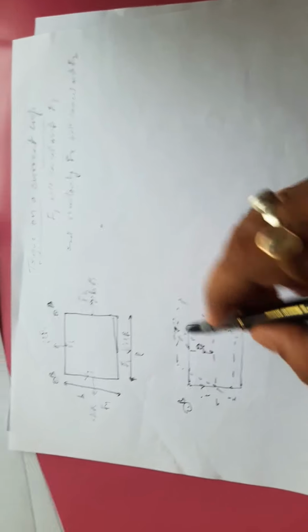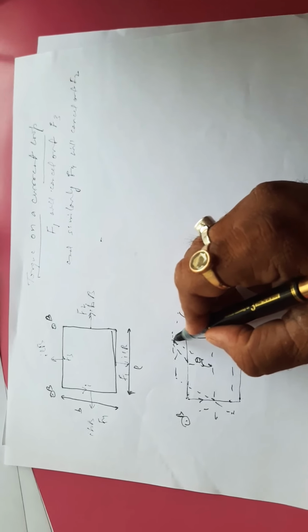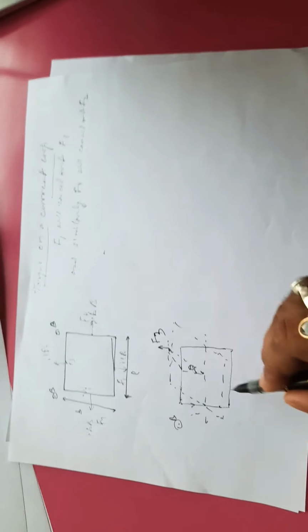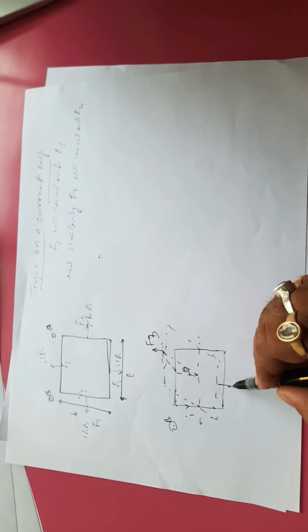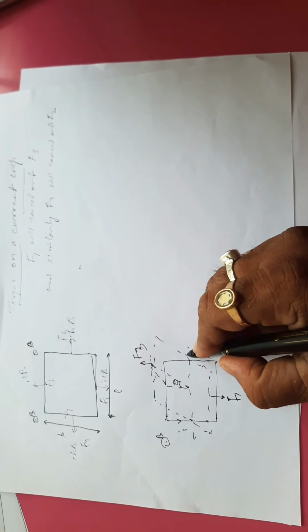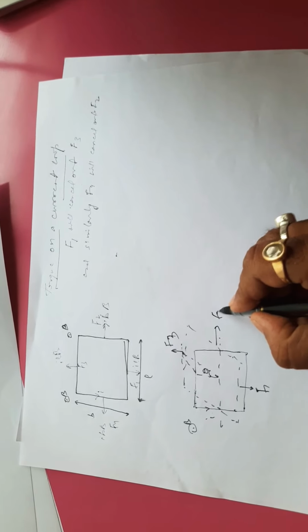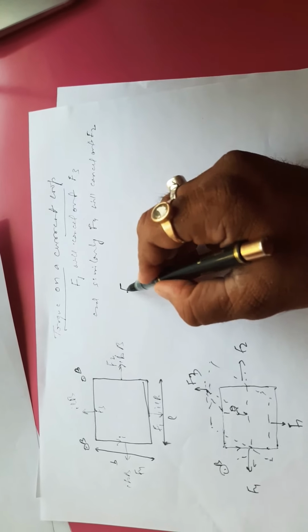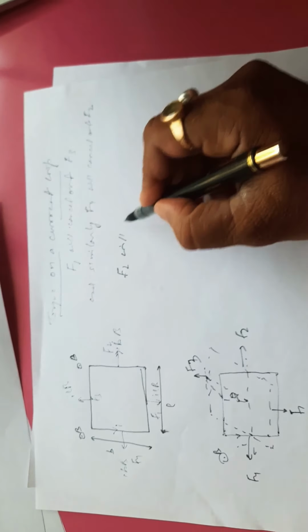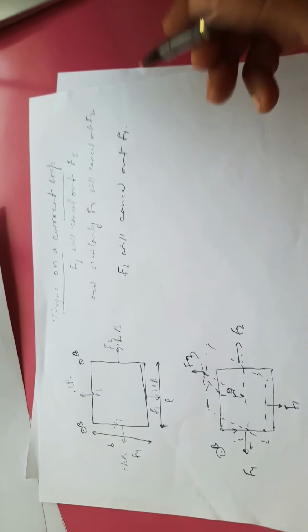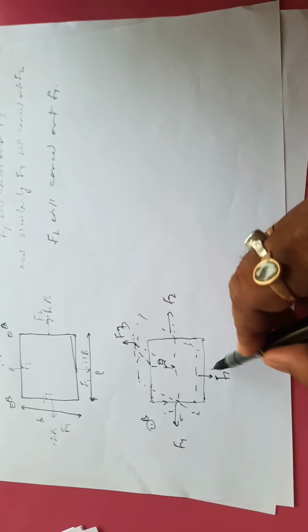Now the force again over here will be F1 along this direction, F3 along this direction, F2 along this direction, and F4 along this direction. So now again F2 will cancel out F4.